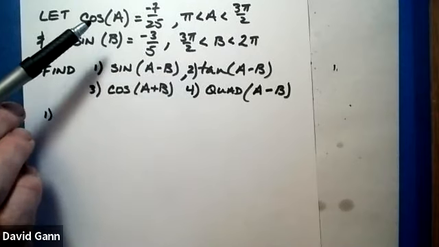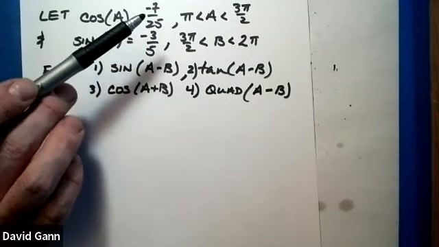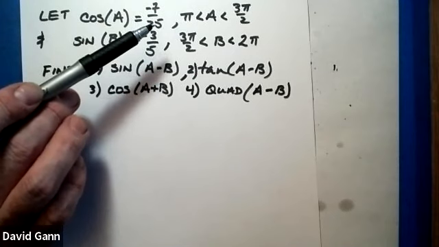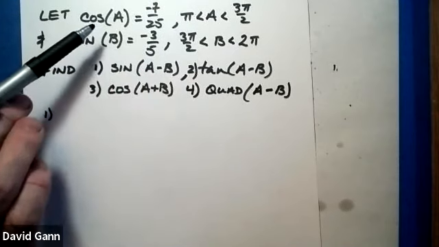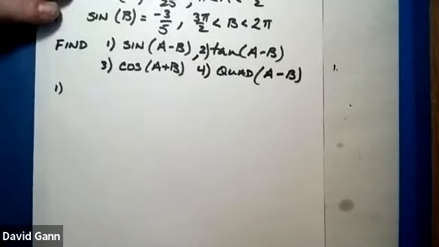So what I'm going to do is solve this problem here, given cosine of A equal to -7 over 25 with this quadrant, find sine of A and tangent of A. This is sort of the process that starts.